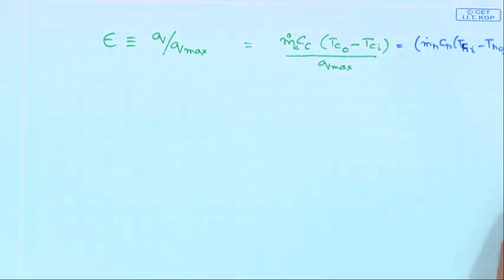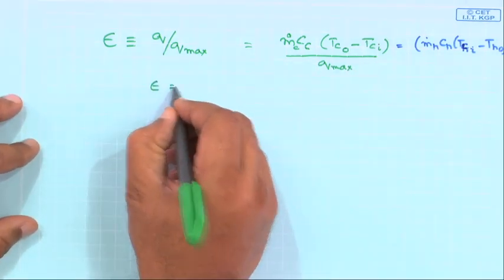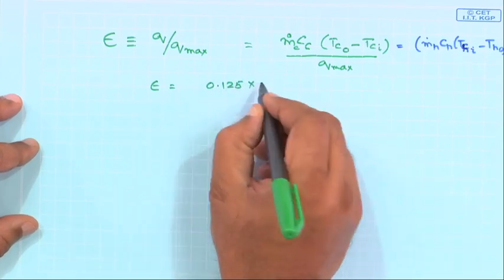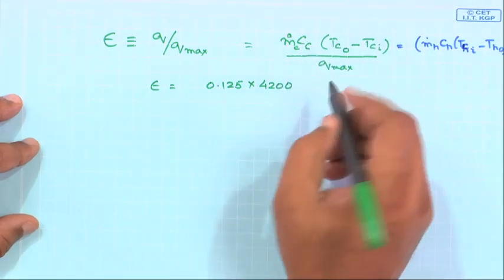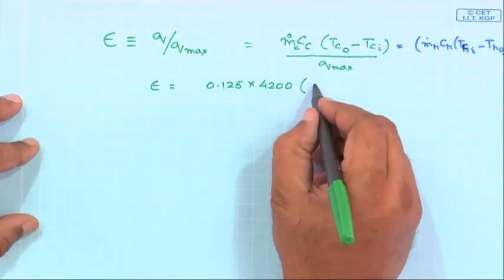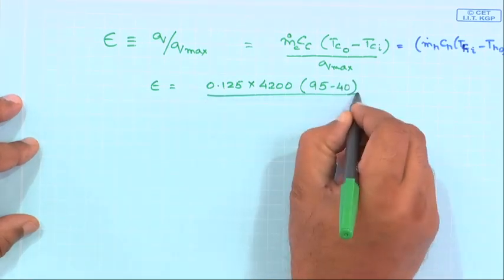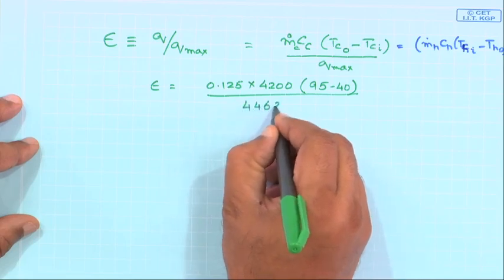So, what I do next is I will simply put in the numbers over here. The epsilon would simply be equal to 0.125, that is the mass flow rate, times 4200, this is the capacity of the cold fluid, times the temperature drop, which is 95 minus 40, divided by the value of Q max, which we have already obtained as 44625.